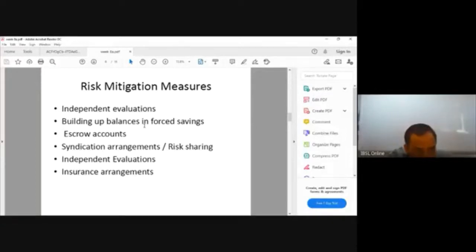The court upheld the bank's position. The court said the funds which have come for a particular project are to be used for the project. You can't go and deposit elsewhere and get interest income from that, right?